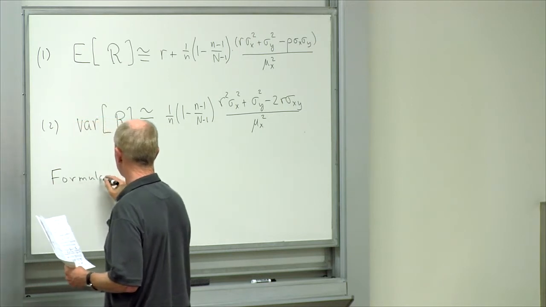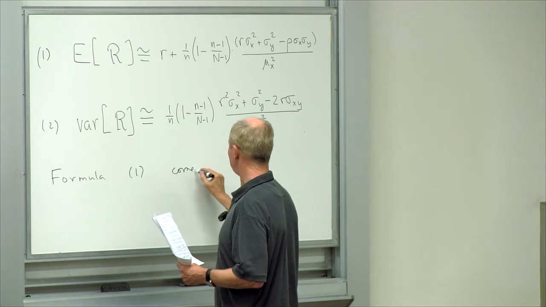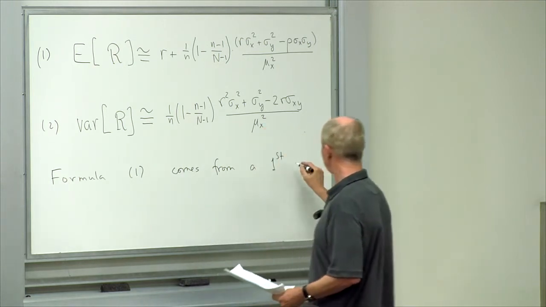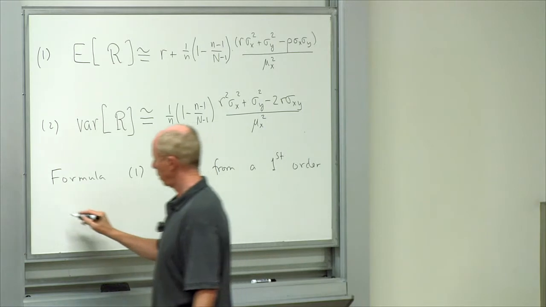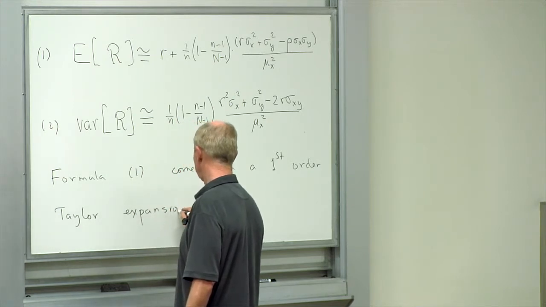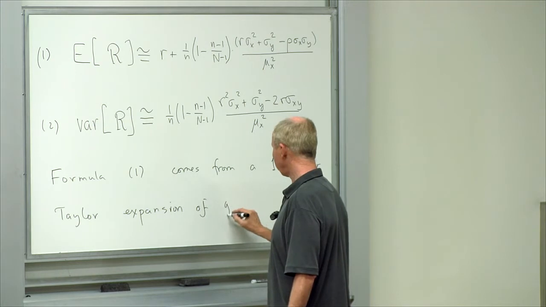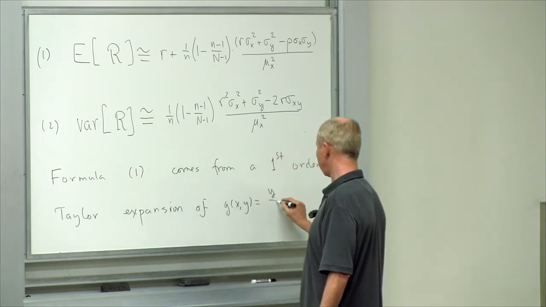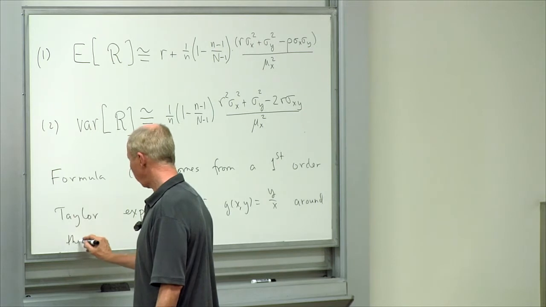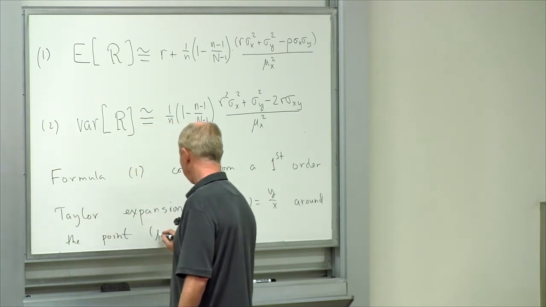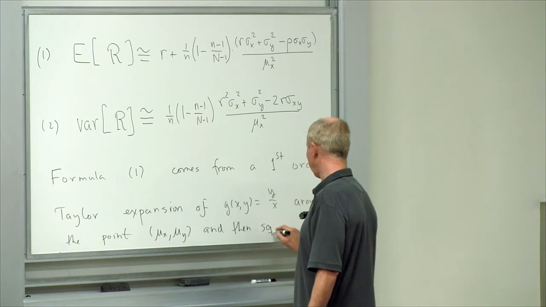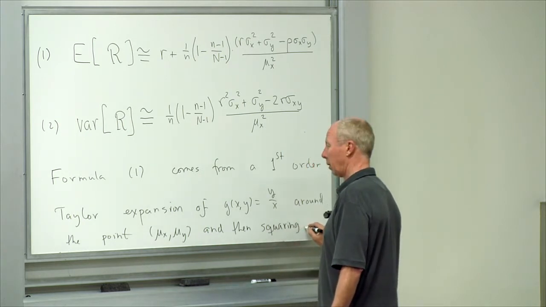Formula 1 comes from a first order Taylor expansion of the function g of x, y equal to y over x, around the point mu sub x, mu sub y, and then squaring.